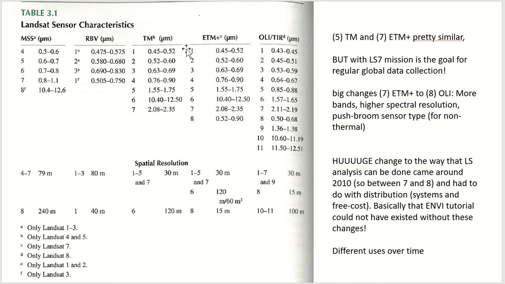So you can look, and many of the bands are the same. So 1 through 7, same range, corresponding, so it neatly matches up in that way. There is an 8th band, which is actually a finer spatial resolution, 15 meter versus 30, so 1/4 the size of these pixels.